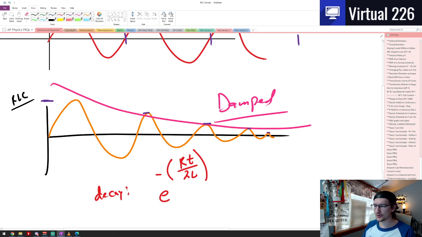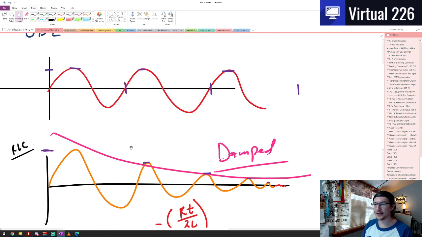It'll never get to zero. You'll still see small oscillations here at infinity, but it will become arbitrarily close to that as time approaches infinity. But that is the decay. Other than that, it's still going to have the same period here. Note that the peaks, the distance between them, are staying the same. It's just that this amplitude is crashing down on us.